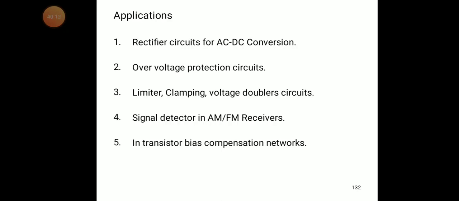This is a very important application of the PN junction diode, in every charger, in every charging device, to charge mobiles and laptops. Anywhere we use AC to DC conversion, that is called rectification. The second one is over voltage protection circuits.